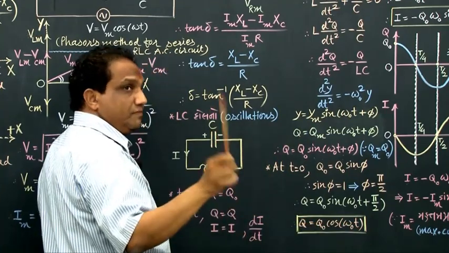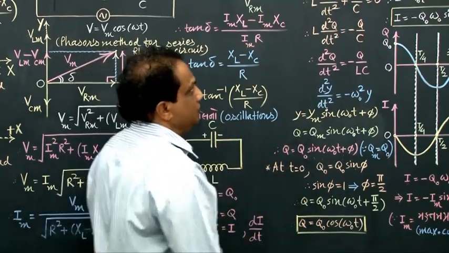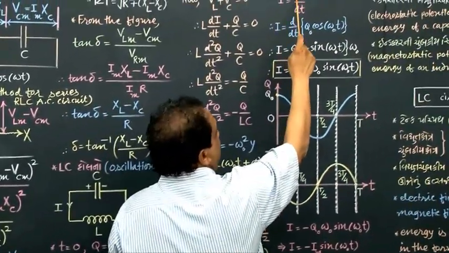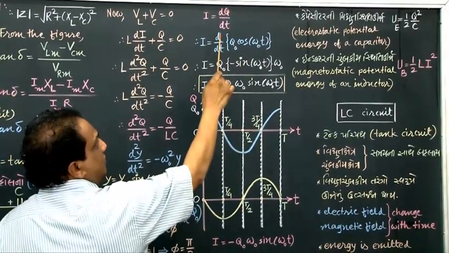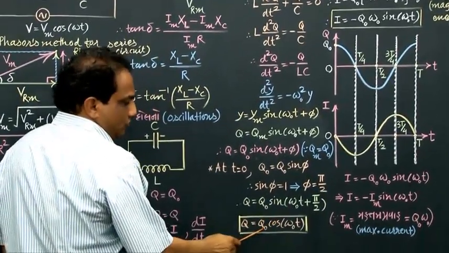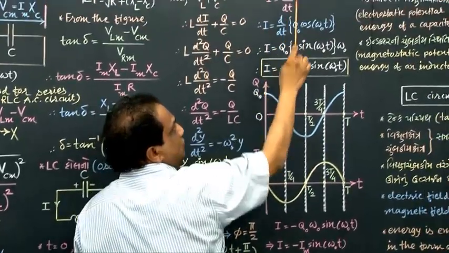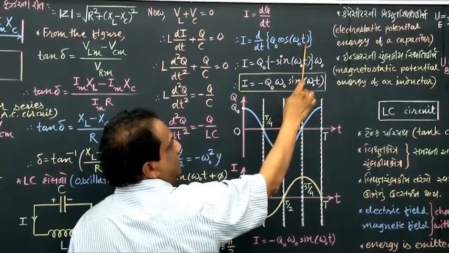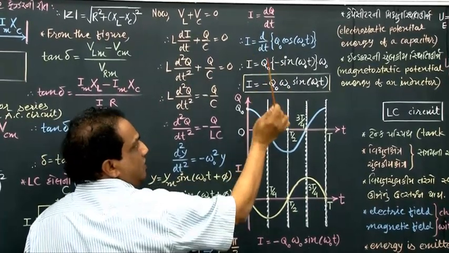But at the end of the same t time, what is the current through the inductor? Let us find out. You know, I equals dq by dt. What is q? Q equals Q0 cos of omega 0 t. Because Q0 is constant, it can be taken out.